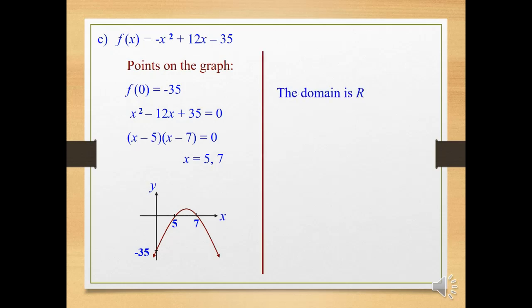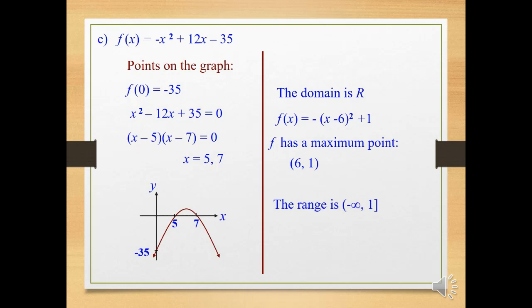The domain is real numbers. By completing the square, f has a maximum point at (6, 1). Therefore, the range is negative infinity to 1.